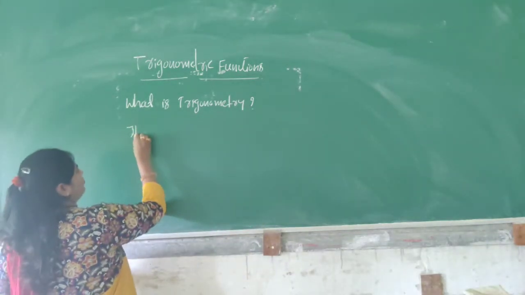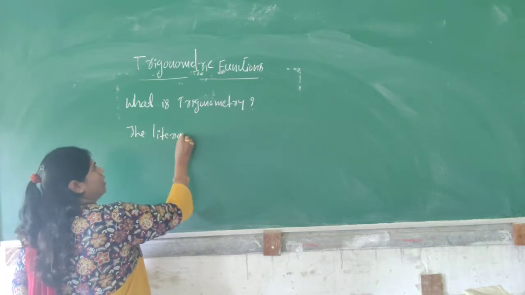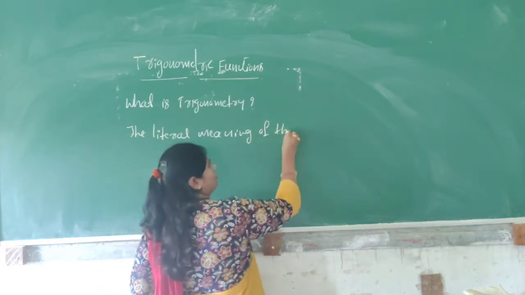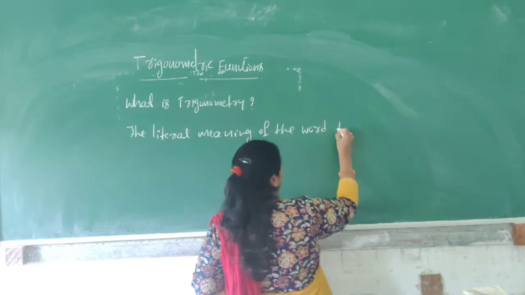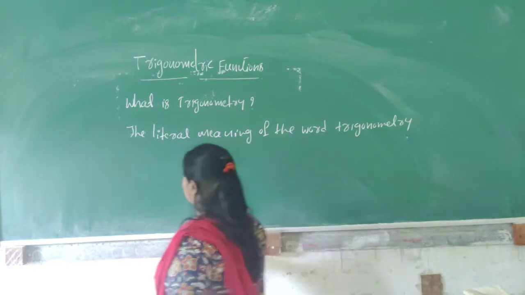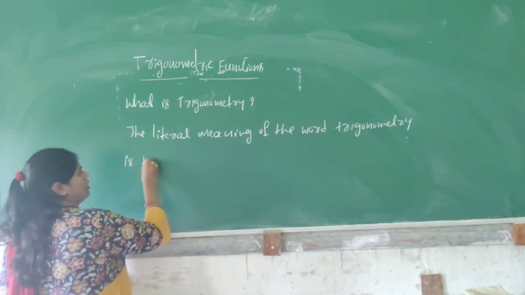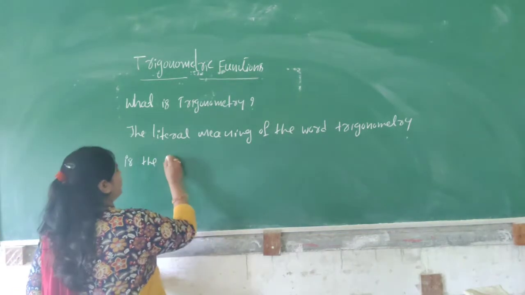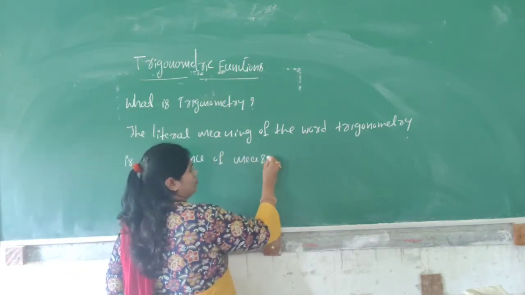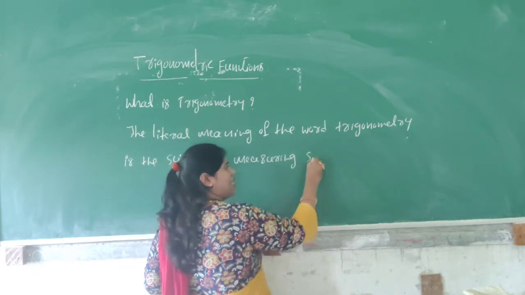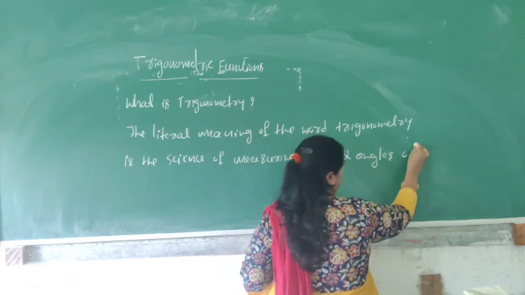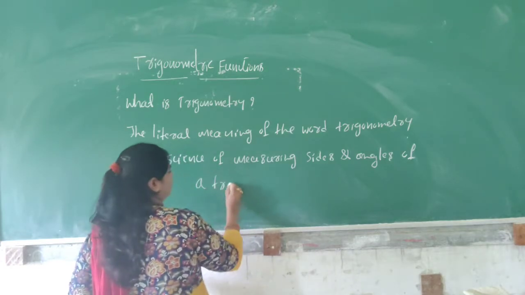The literal meaning of the word trigonometry is the science of measuring sides and angles of a triangle.